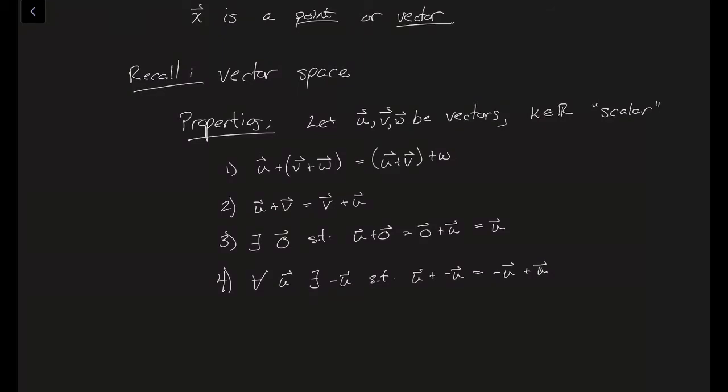Now they also have this additional structure where they can be multiplied by scalars. So there has to be compatibility between scalar multiplication and the vectors. So if I have a times bv, or bu in our case, that's the same as ab times u.